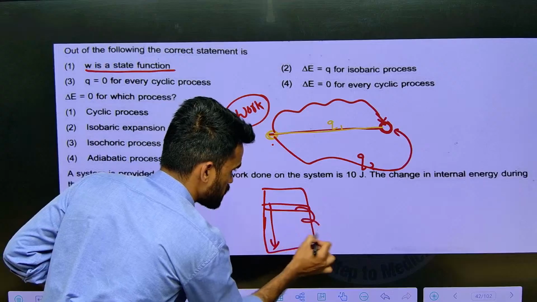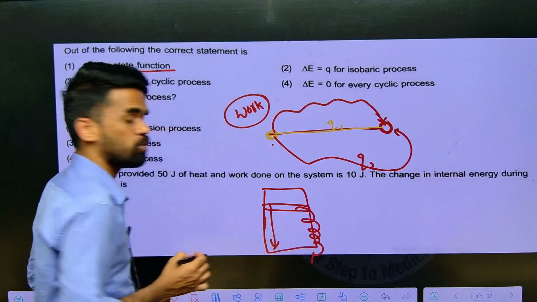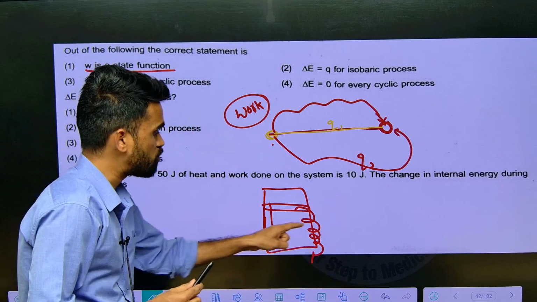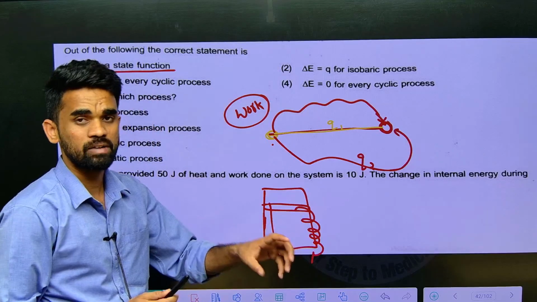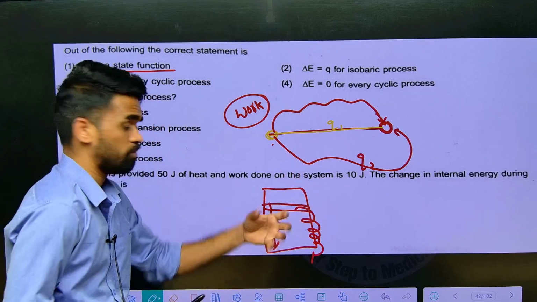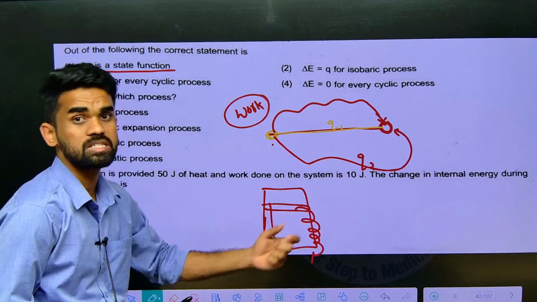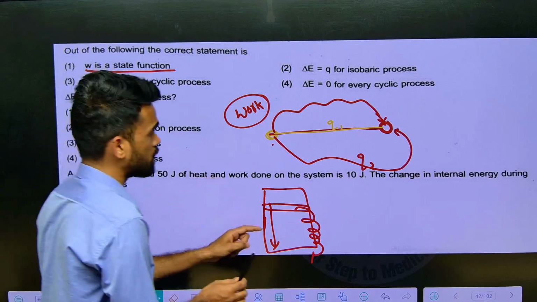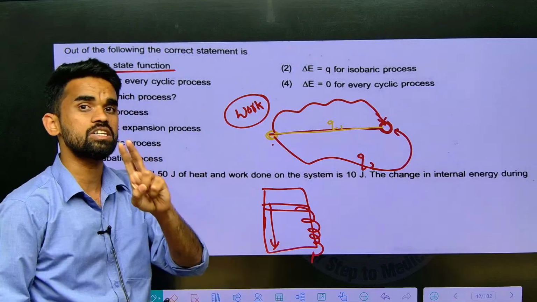But when you use the stairs, more energy is utilized. So if the path changes, the work you did during that process also changes. So work and heat, these two are considered to be path functions.